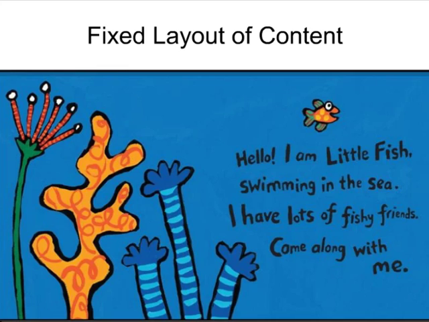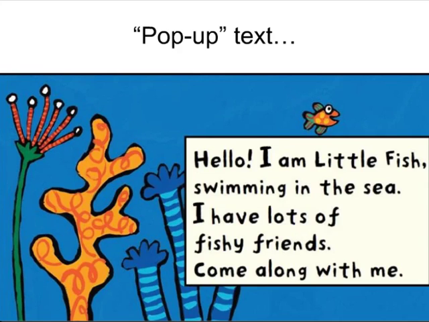A feature that Amazon supports is what they call text pop-up. What that does is it enlarges the font size a little bit and highlights it in a white box so that you can see the text a little better. And that will hopefully be helpful to younger readers who are just learning and are reading the text. So that's an example of a children's book.